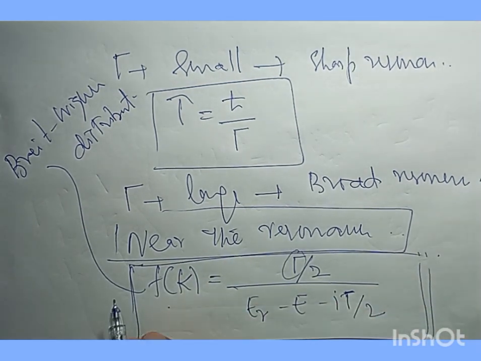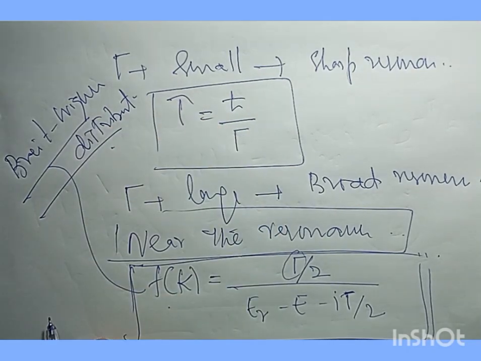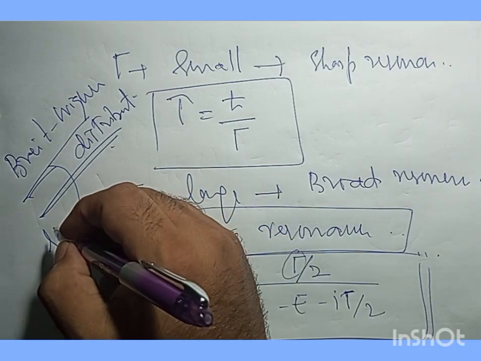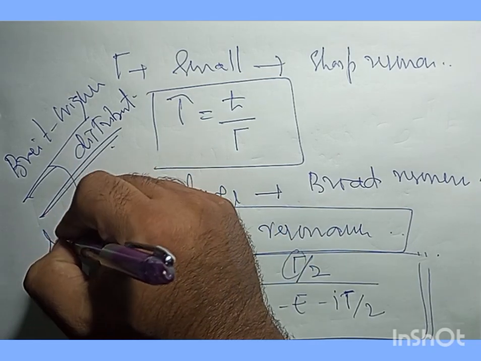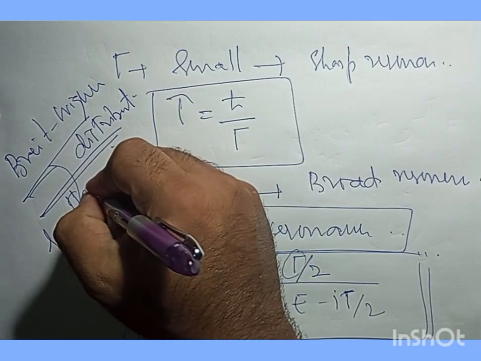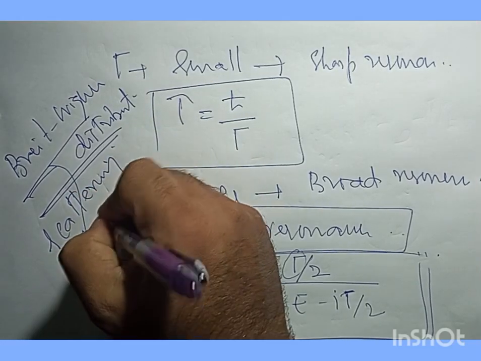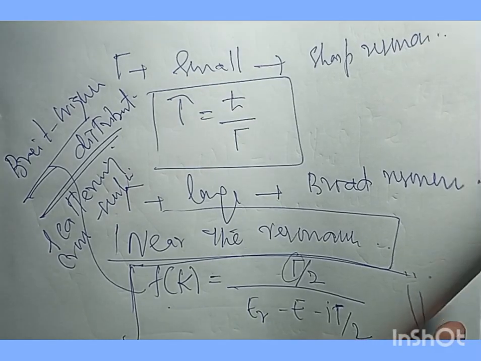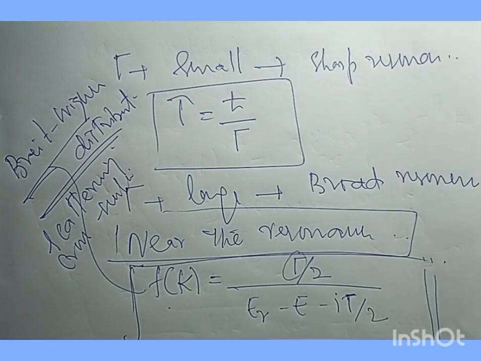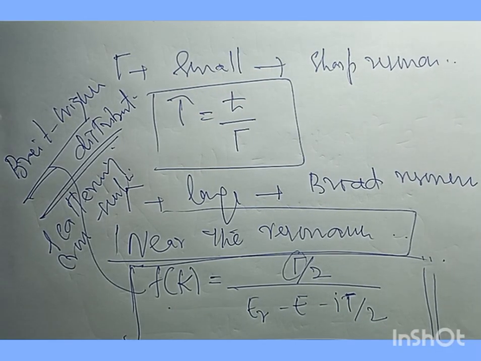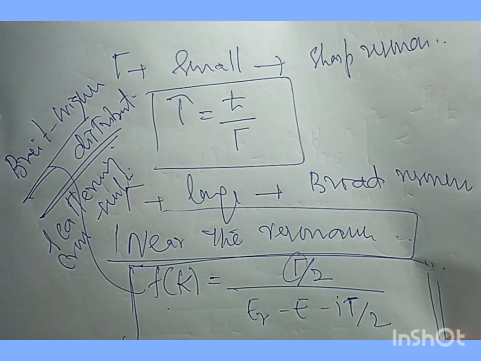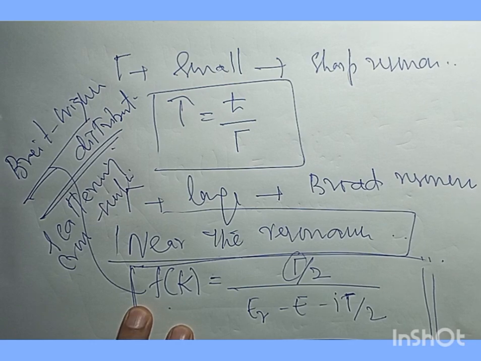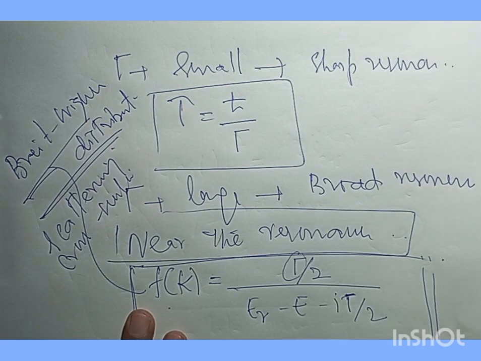I'm sorry, the Breit-Wigner distribution will come when I calculate the scattering cross section in the domain of this resonance that we have been discussing. So finally, that's what we will obtain as the Breit-Wigner distribution.